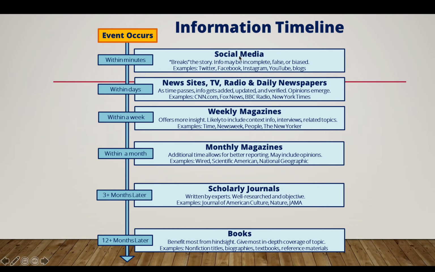And social media is on the story, breaking the news, may be entirely false, likely has some bias. Keep in mind what you're viewing is not very complete. It's one of those things to know that this is happening, but to understand that you do not have the full context of what's happening right in that moment.